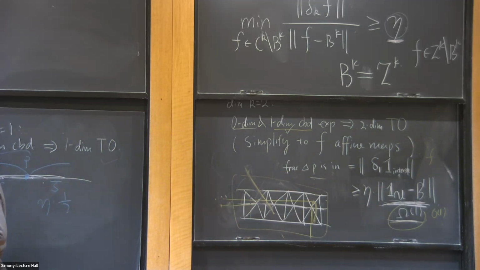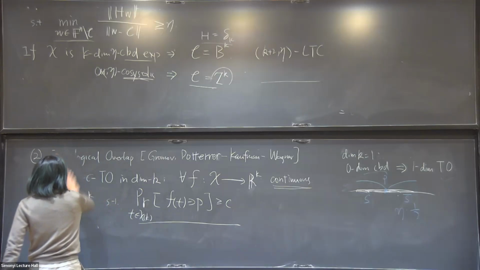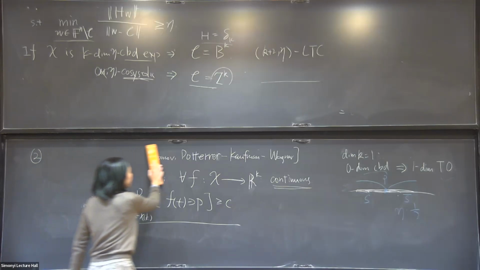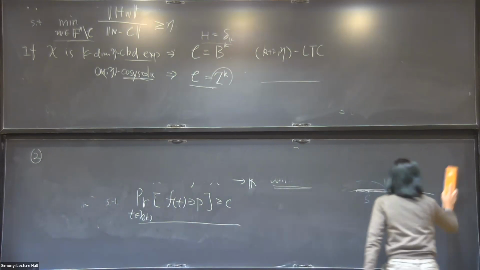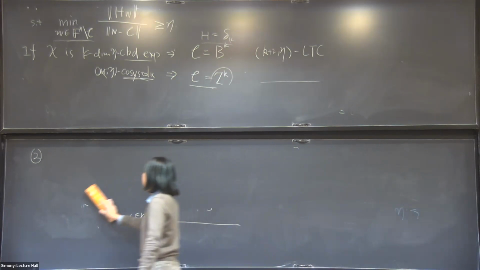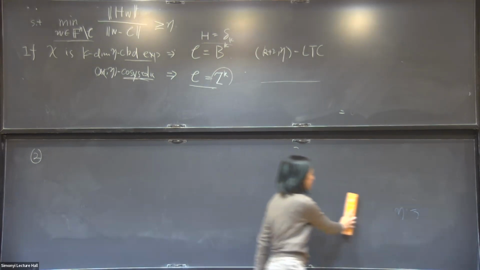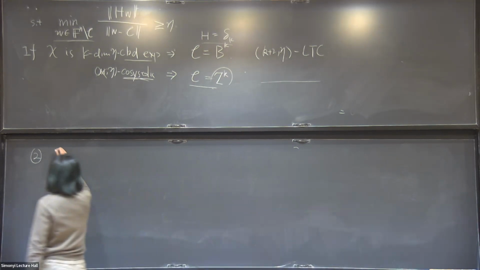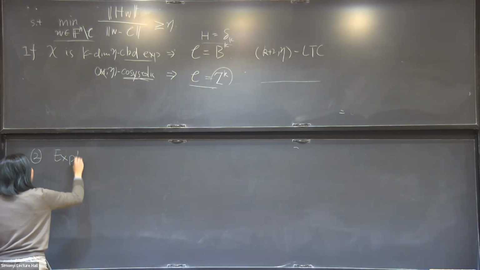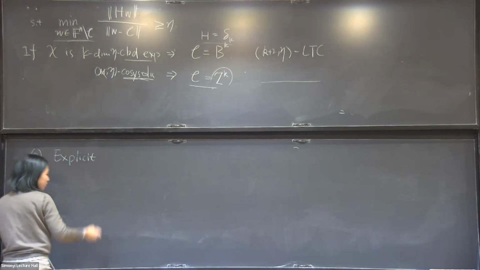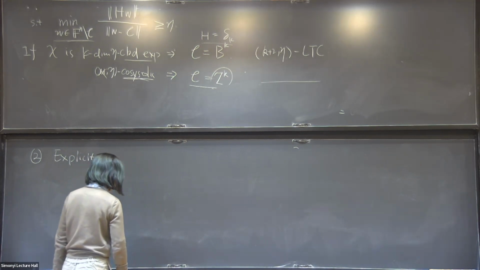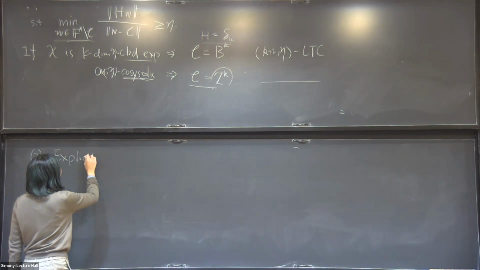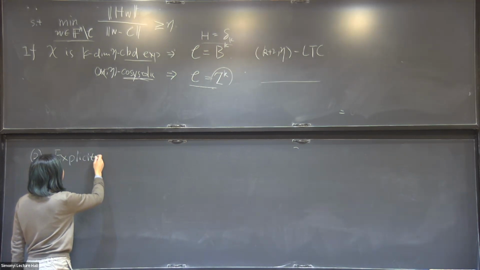So I have one more application, which is of a very different flavor. It's about explicit hard instances for maximum KXOR. I think actually this one I couldn't really explain much of the intuition behind, because it requires too many things that are not covered here.